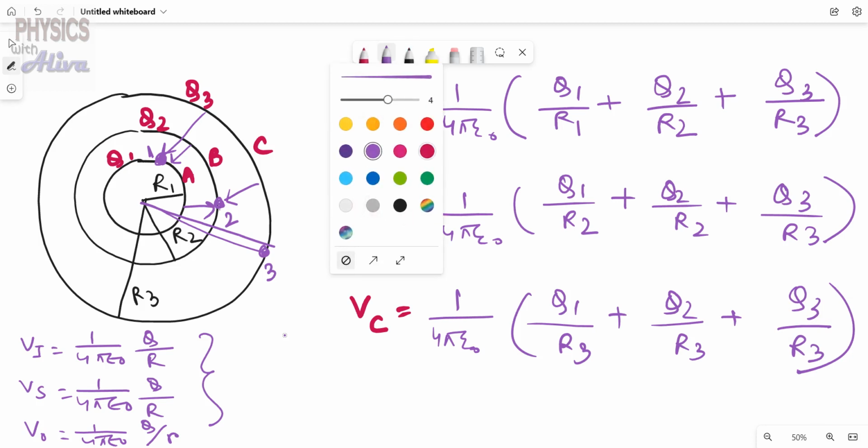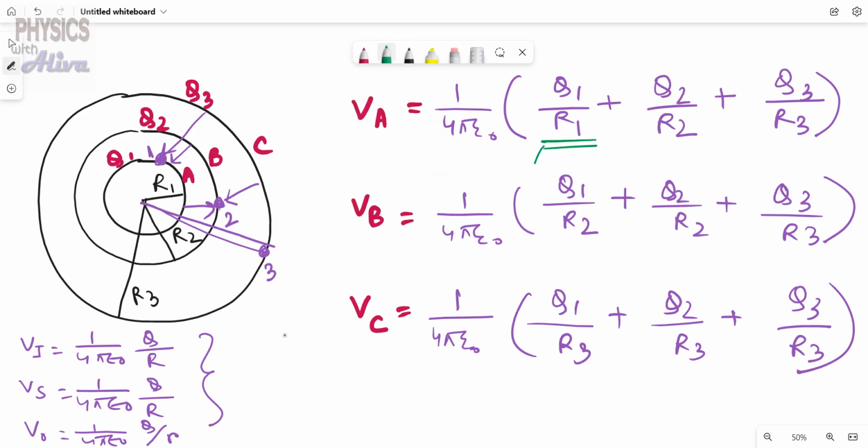The first term is the contribution of sphere A, the second term is the contribution of sphere B, and the third term is the contribution of sphere C. For point 1, it is the surface term, the inside term, and also the inside term.